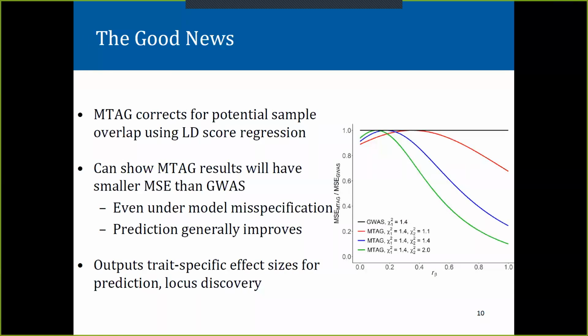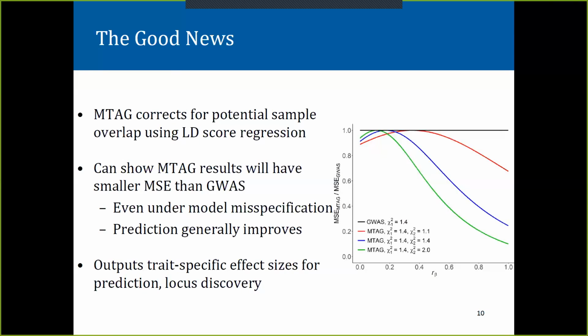What this will also mean in general is that if you create a predictor based on MTAG results, that predictor will in general have more predictive power for the trait of interest than a predictor based on the GWAS summary statistics that were used in the estimator. And so MTAG is going to be really great if you want to create a predictor.